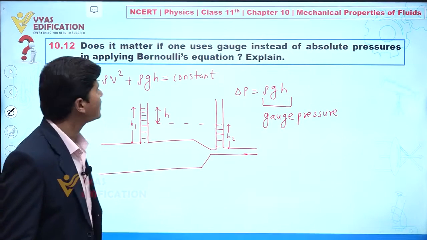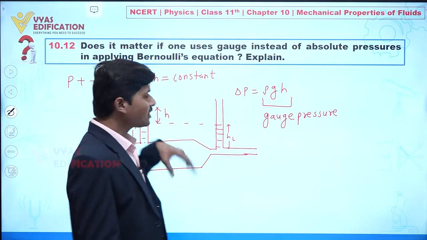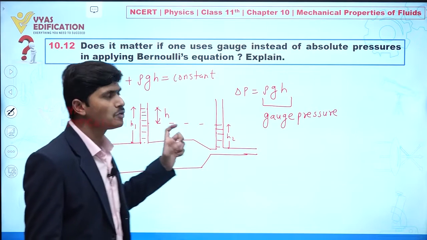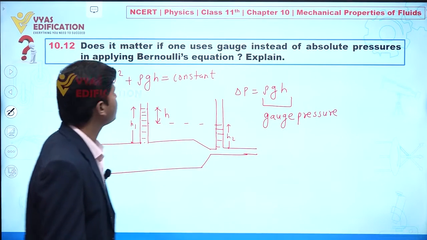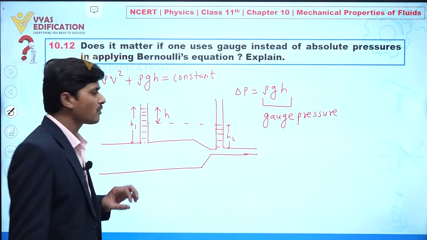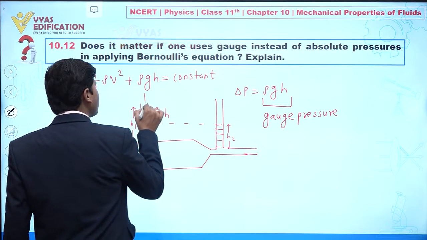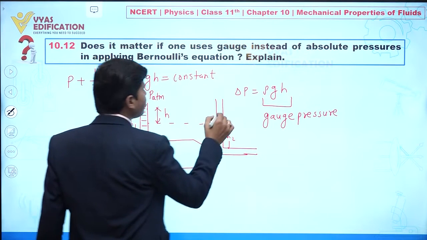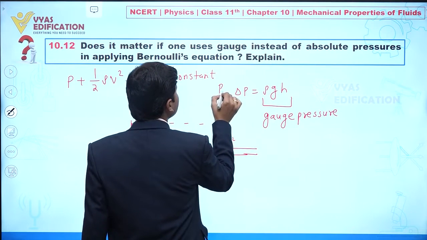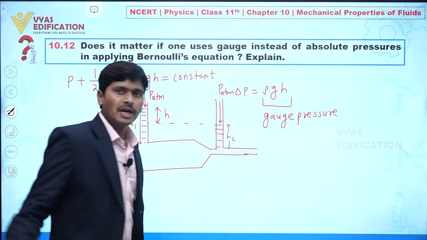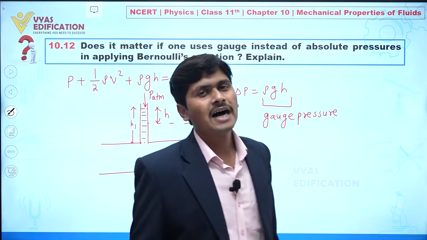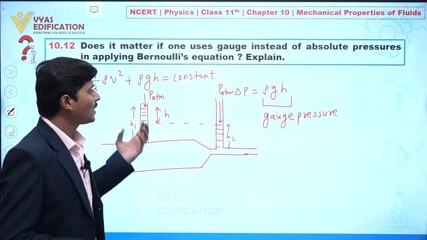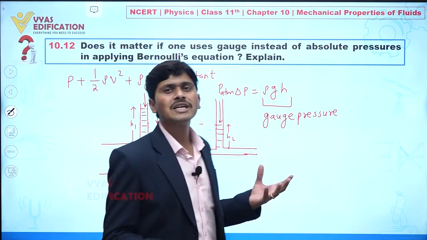But the important part is here, we have to clarify that it matters if we use gauge instead of absolute pressure. So my dear, listen carefully. Let's suppose I am talking about atmospheric pressure, here atmospheric pressure is acting, P atm, and here the same pressure is acting, P atm. Clear? So the important part is that either I am using gauge pressure or absolute pressure, the value does not change.